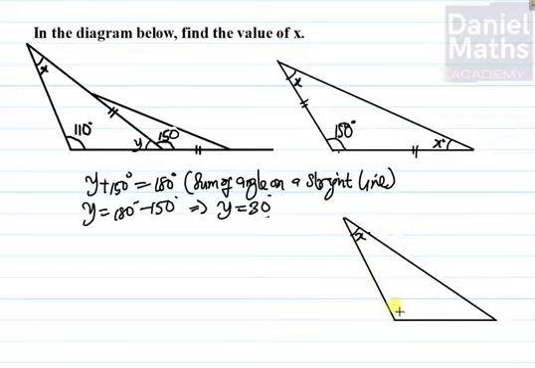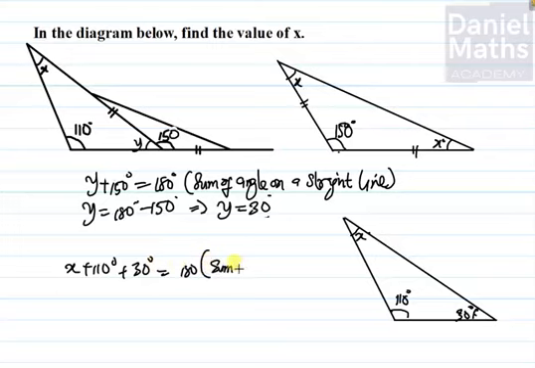We know that here is 110 degrees, and we've gotten this point to be 30 degrees. So we're going to say that x plus 110 degrees plus 30 degrees is equal to 180. The rule is that the sum of angles in a triangle is 180.